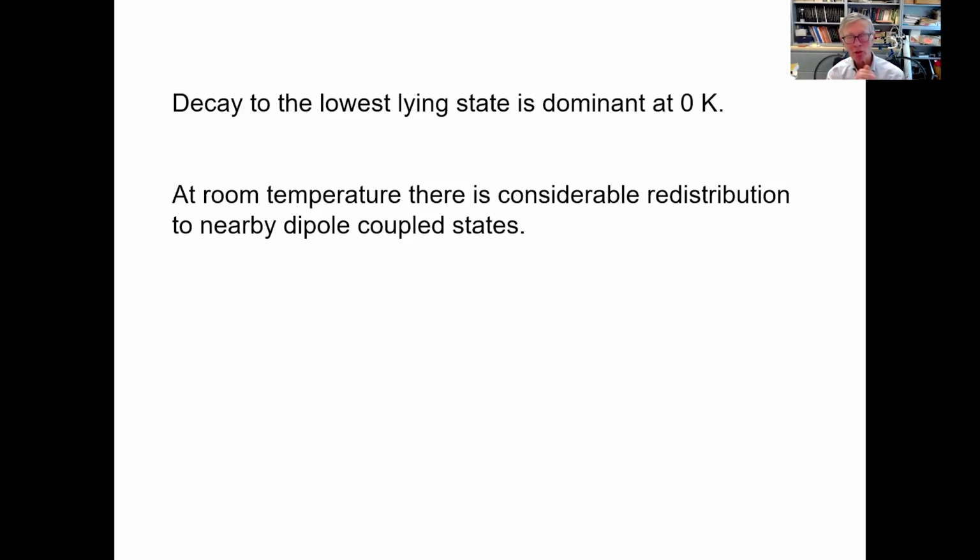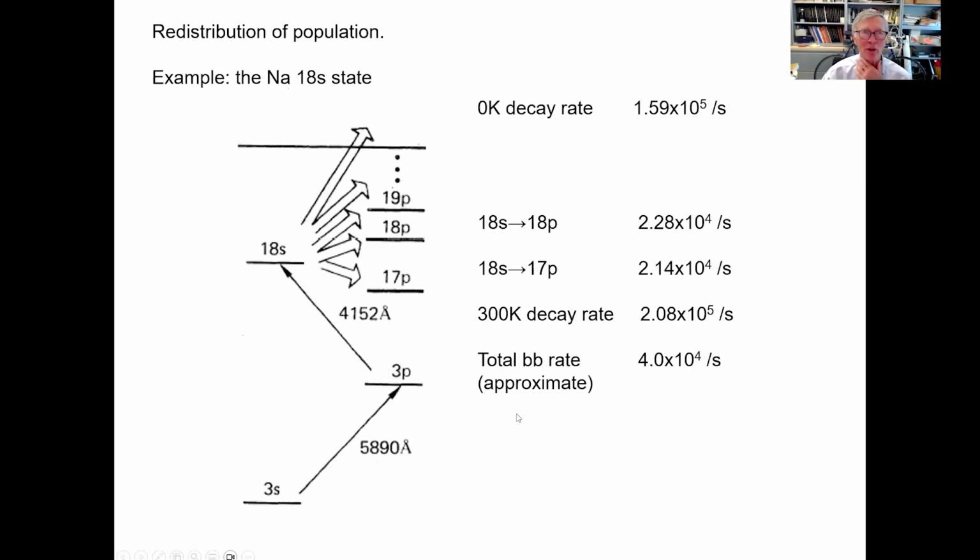Prior to people studying Rydberg states, nobody ever worried about thermal radiation and atoms, but Rydberg states like thermal radiation. An example of this is the 18S state of sodium. This would have a normal 0 Kelvin decay rate of 1.6 times 10 to the 5th inverse seconds, or a lifetime of about 6 microseconds.